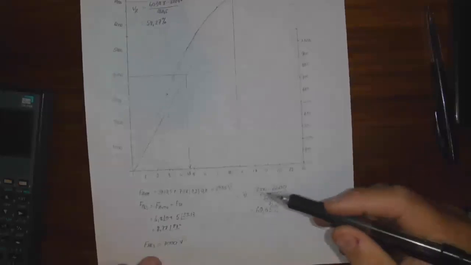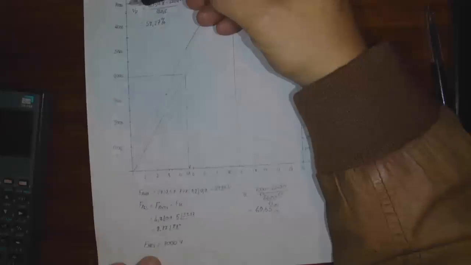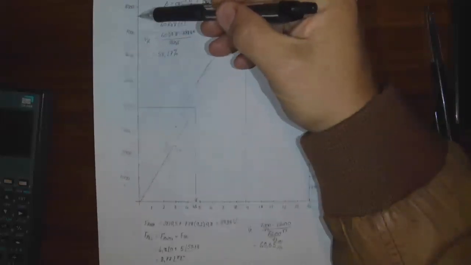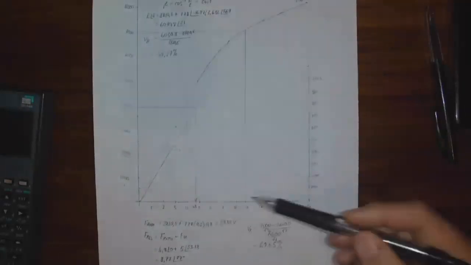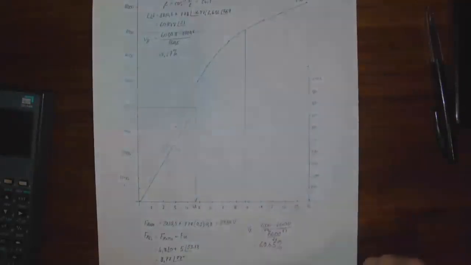Sir, you're confusing us. You said to us we must work phase. Now you are using line. Then you say at the end we must divide by root 3. No, I said if you use line values, you can use that. Because this is line given, and we are working here line values. You see?